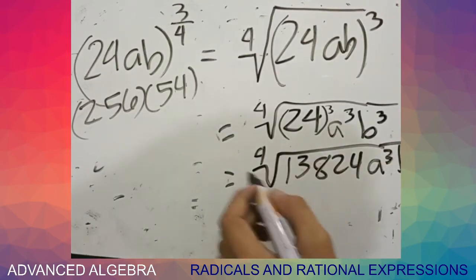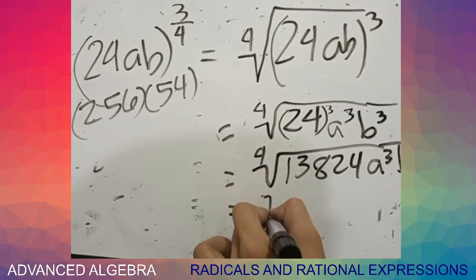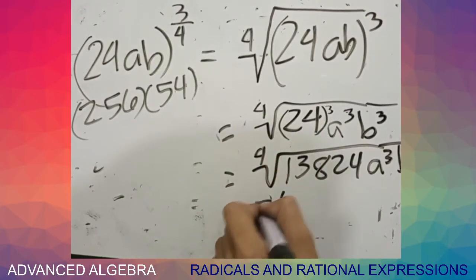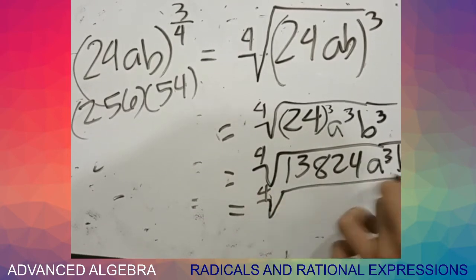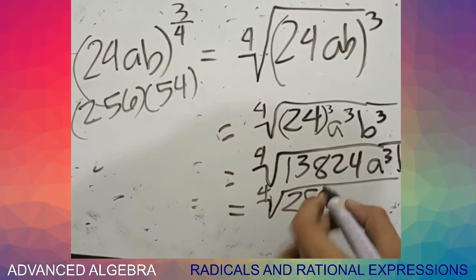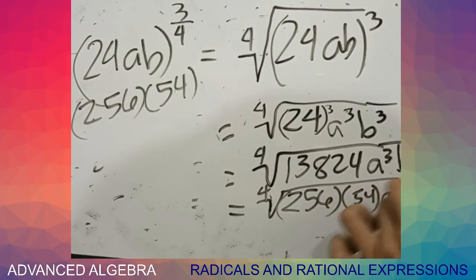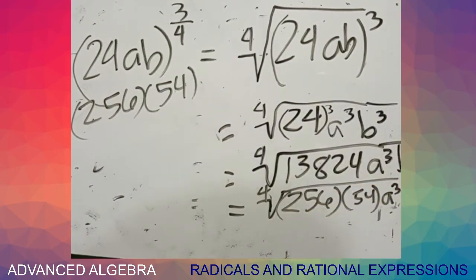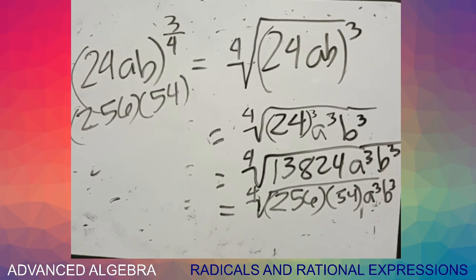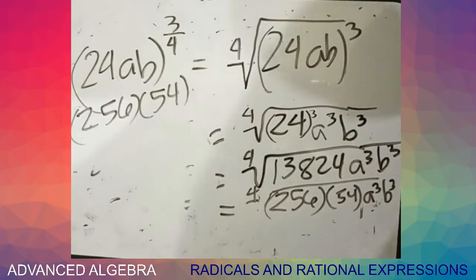So, ibig sabihin, ang fourth root ng, ito, sulat lang natin, times 54, tapos a cubed b cubed. Kita ba yun? Hindi kita. Imagine nyo na lang na tuwid dyan.